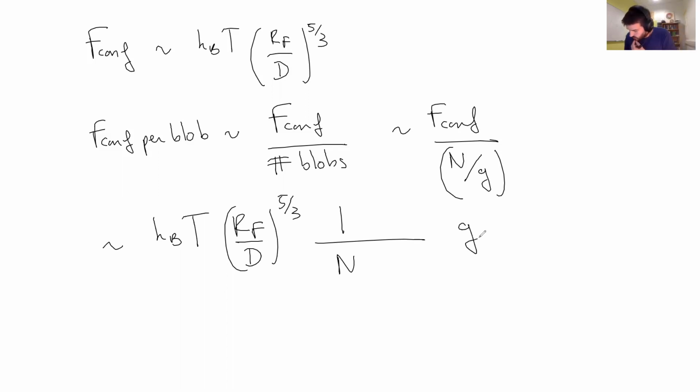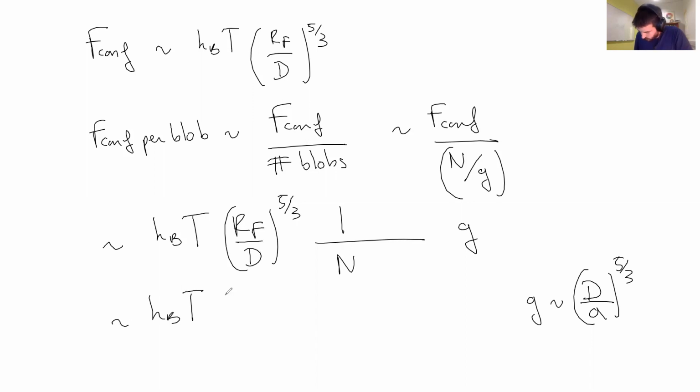G in terms of blobs, remember, g is d over a to the power 5/3, so that you have the Flory picture. And then g is, as I just said, d to the 5/3, a to the 5/3.